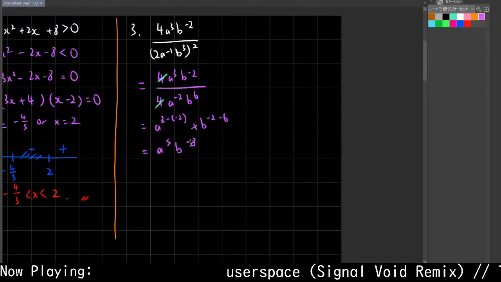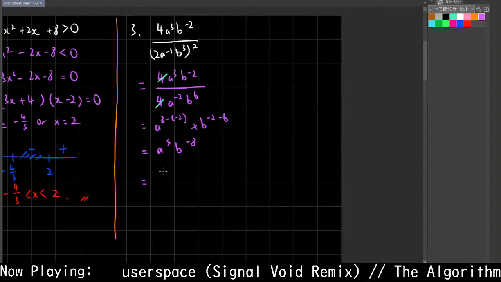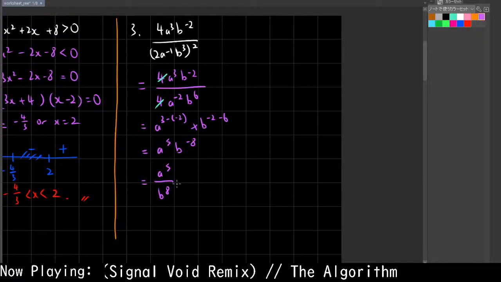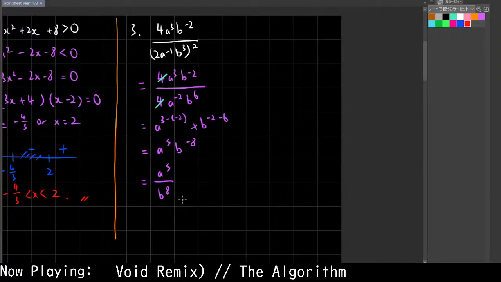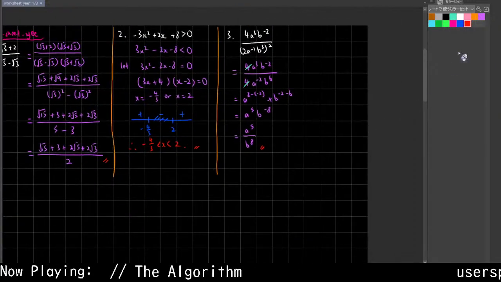Since it is a negative power, you want to bring it down to the bottom, so you will get a to the power of 5 over b to the power of 8 instead. So do you get this? Nothing else you need to do. This will be done. Okay.